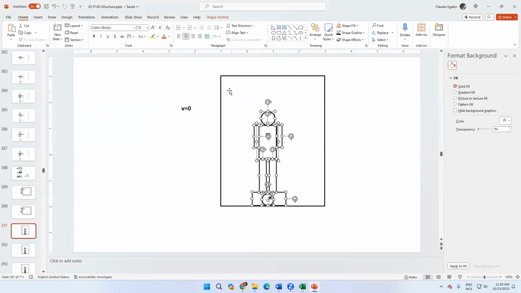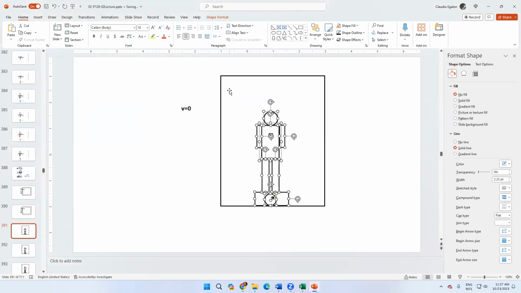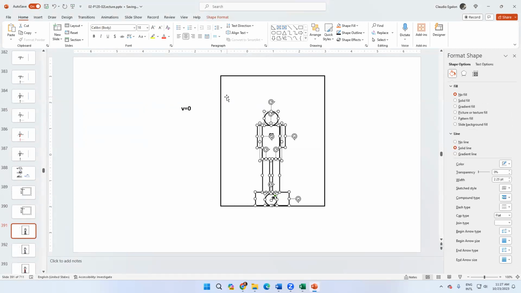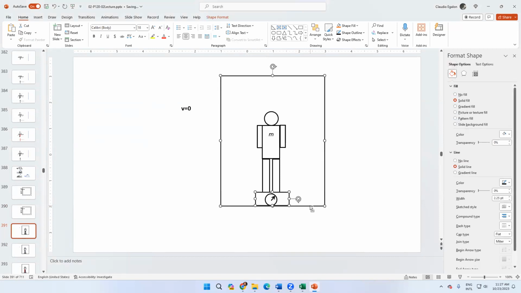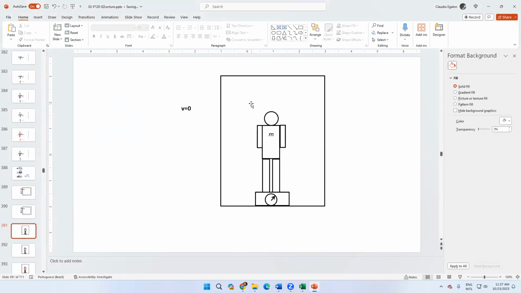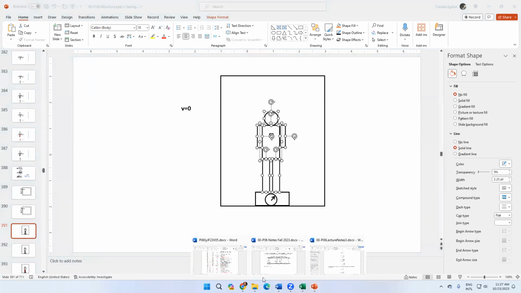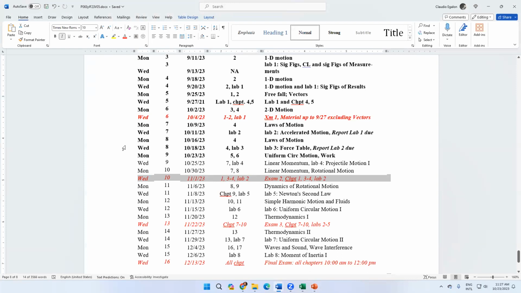This guy is not quite centered there. Almost there. Here you go. Is this chapter 4? Yes, this one is chapter 4, on forces, the laws of motion. I'm going to do some examples here of chapter 4, and then we go back to chapter 5 to do some examples.